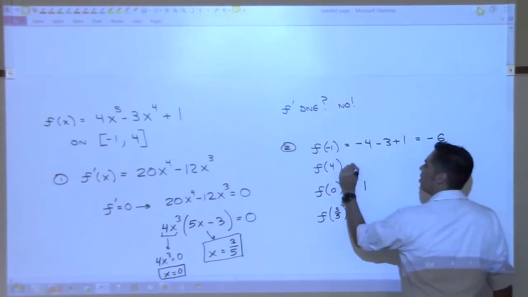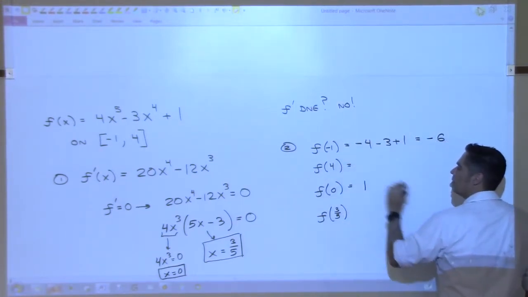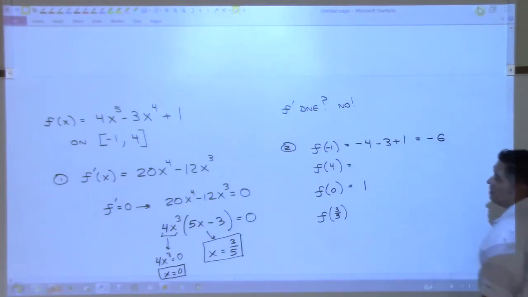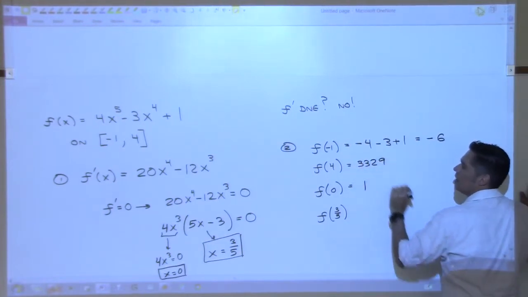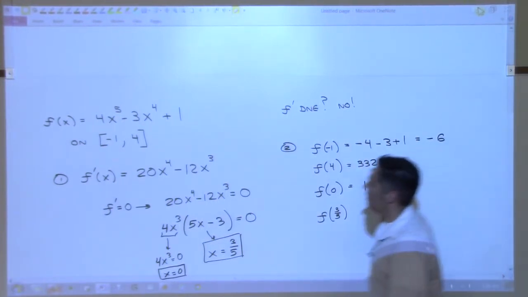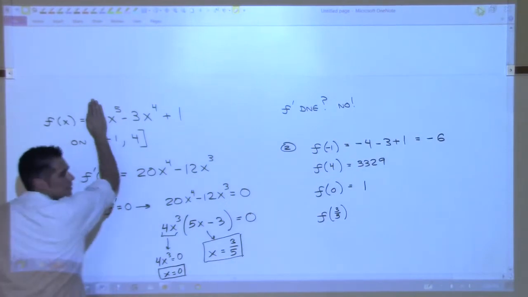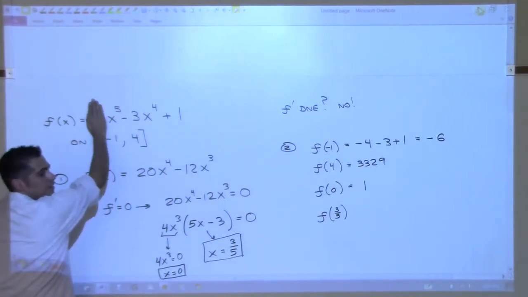How about 4, when we plug 4 in here? Uh-oh, big number. 4 to the 5th power. That's big. Did you get it? 3329? Did you hit it with the 4 or no? Is that 4 to the 5th, or is that 4 to the 5th times 4?